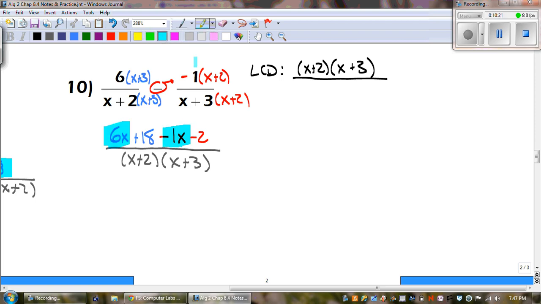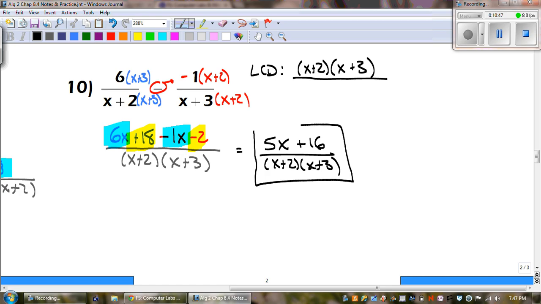We have 6x minus x, which gives us 5x. And then we have 18 minus 2, which is 16, all divided by x plus 2, x plus 3. Can I simplify that at all? Nope. So that's our final answer.